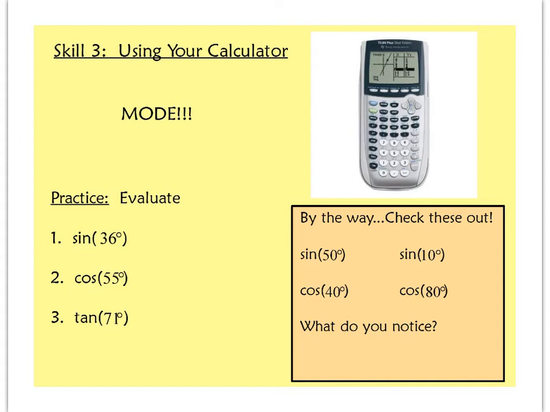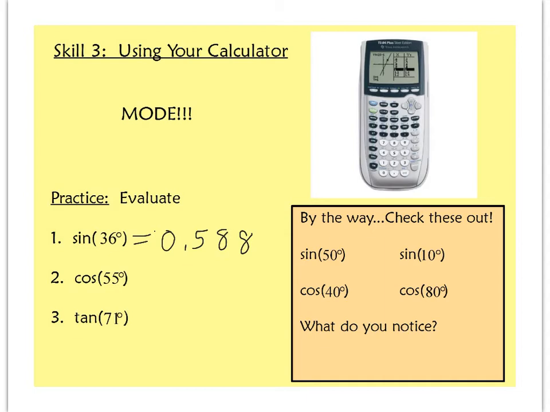When you type that in your calculator, again, it's sine and then 36, and you should get 0.58, and it's 7, but I'm rounding it to 8. It's actually a very long decimal. I'm rounding it to 0.588.